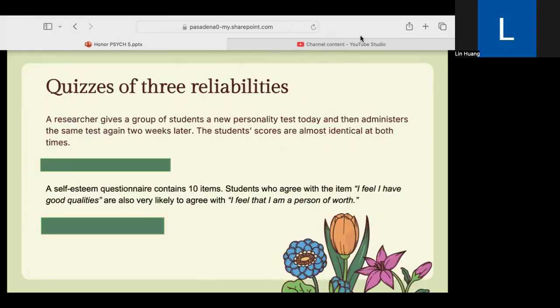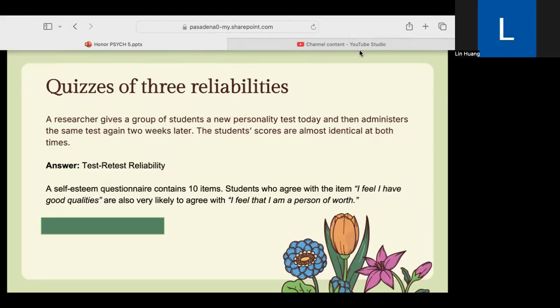And now we are going to test our understanding of the three reliabilities. First, a researcher gives a group of students a new personality test today and then administers the same test again 2 weeks later. The students' scores are almost identical at both times. That means test-retest reliability, because it means stability over time.